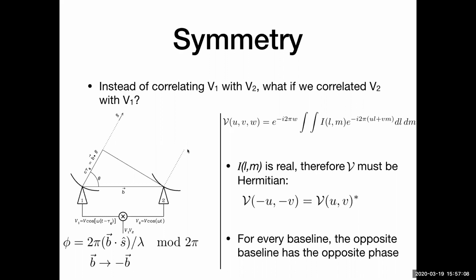In principle that's the same as asking, we have a baseline vector that goes from antenna 1 to antenna 2, what if we made the baseline vector the other way? If you propagate through the math, the baseline vector shows up in the phase, so you just flip the sign on the phase. In the basic version, all you've done is flip your phase vector around, but you've also flipped your coordinate system.